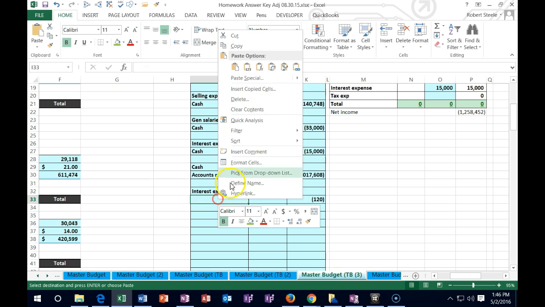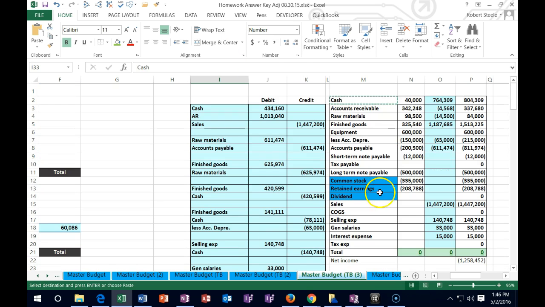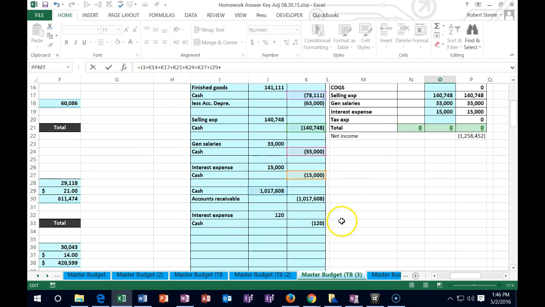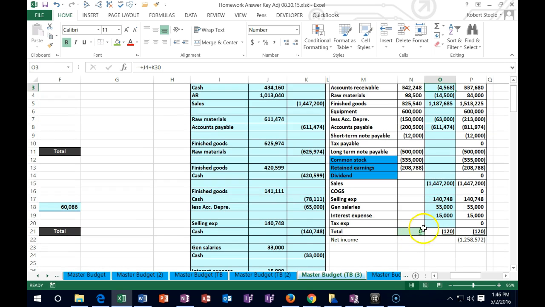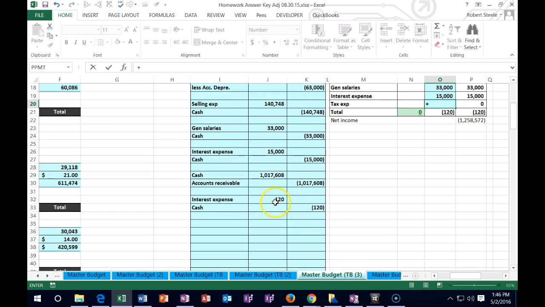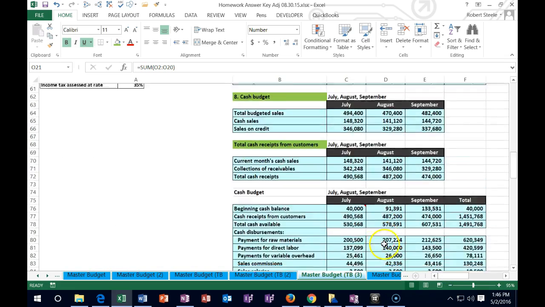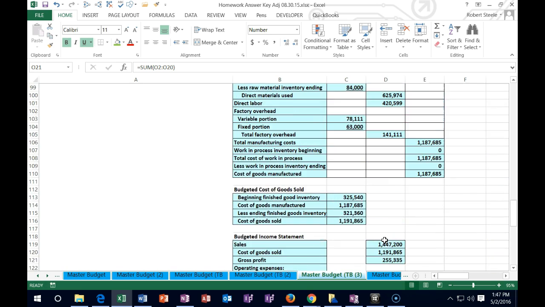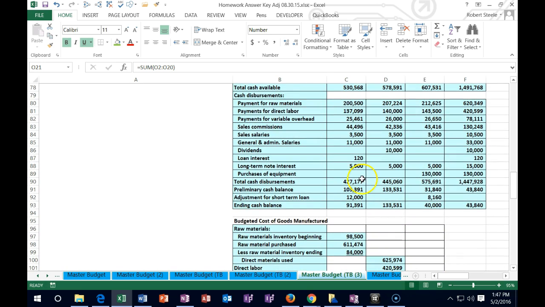So that's the 120. Cash is going down with the credit, and interest expense is going up with the debit. Okay, and if we scroll back down, we took care of that miscellaneous type item down here. So that's that one.